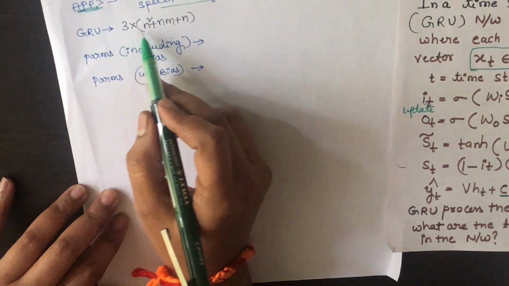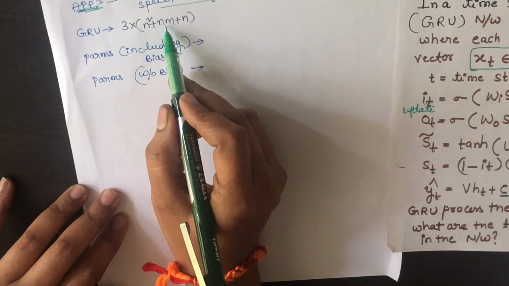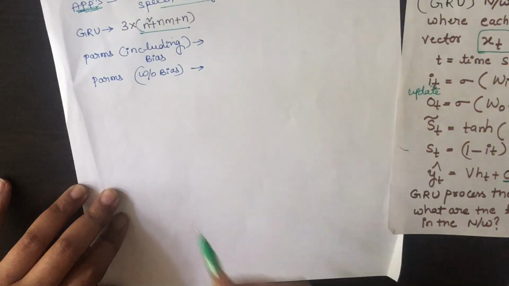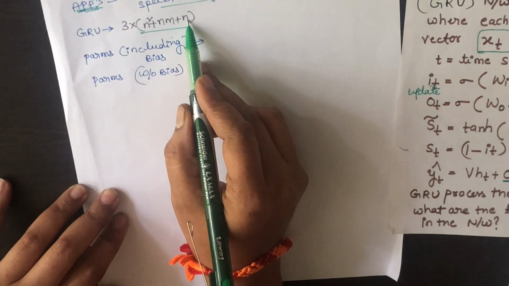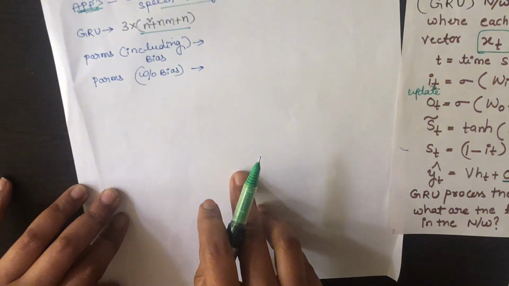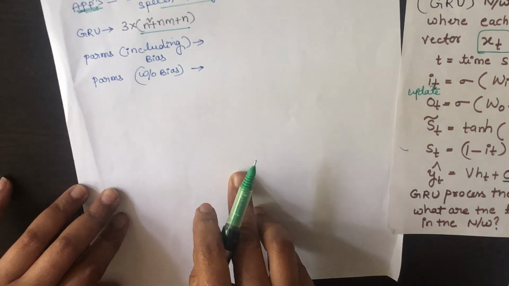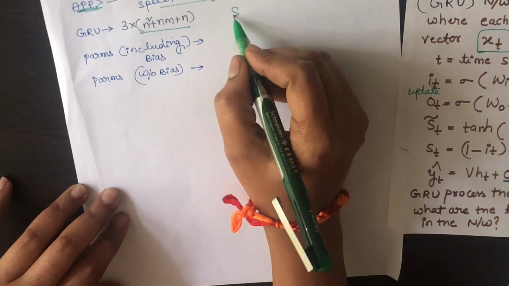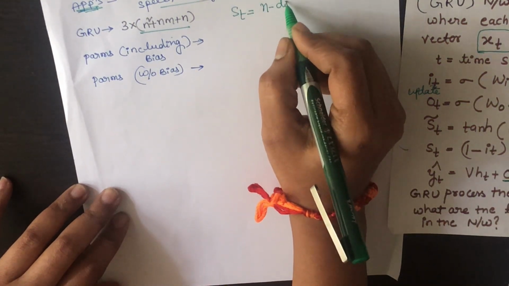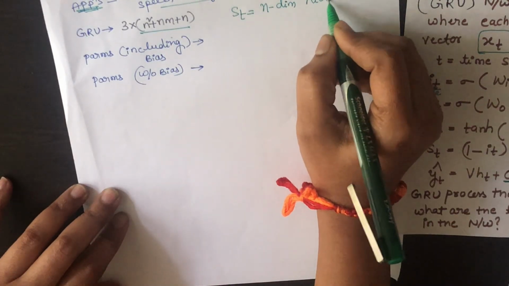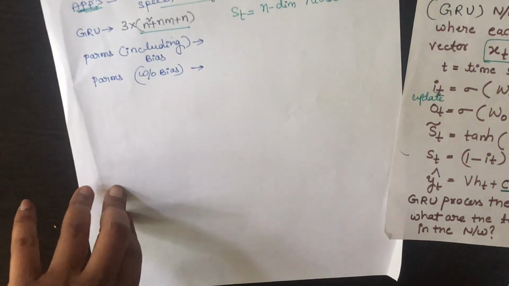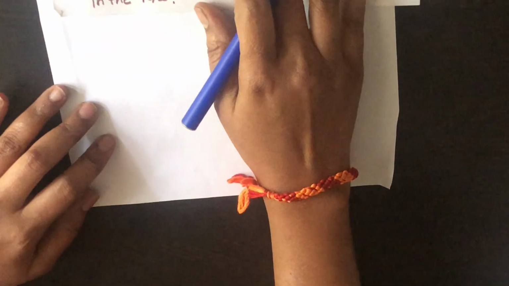In GRU, the total number of parameters is 3 times (n² plus nm plus n), where n is the cell state dimension and m is the input signal dimension. St is a hidden state, an n-dimensional hidden state. So how to solve from these equations?